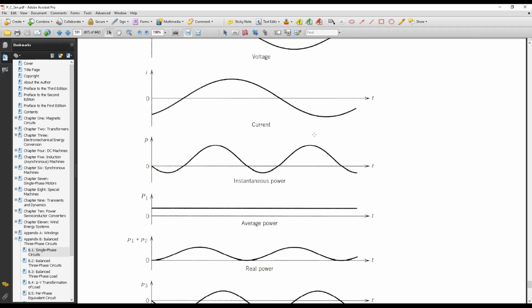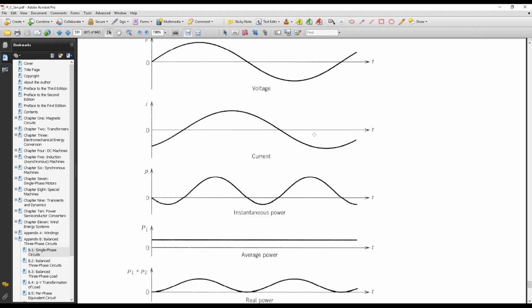If we multiply the voltage and the current waveforms together, we will have the overall instantaneous value of power. This curve represents the sum of the three terms.